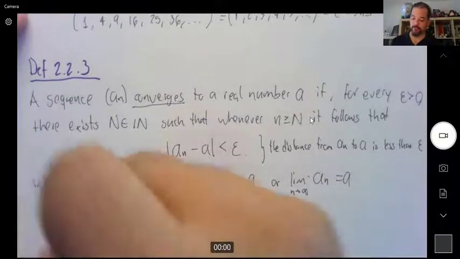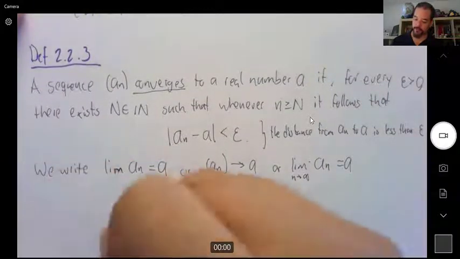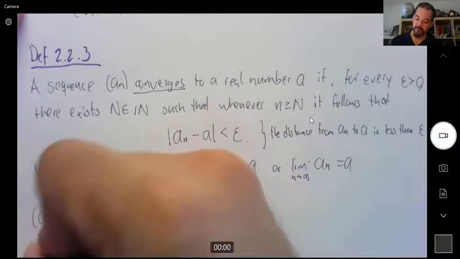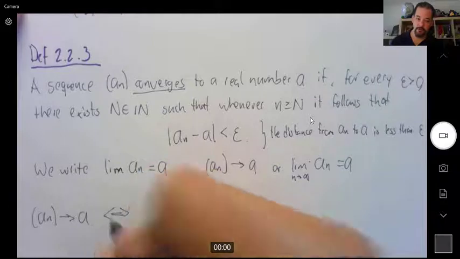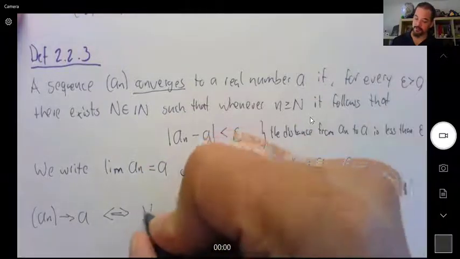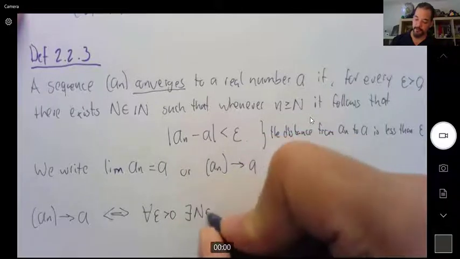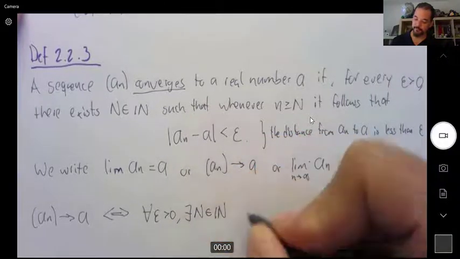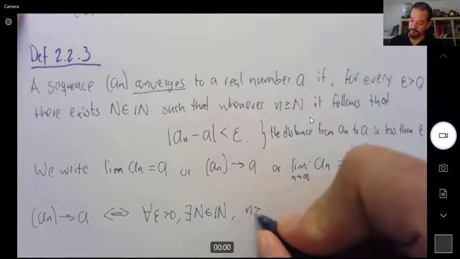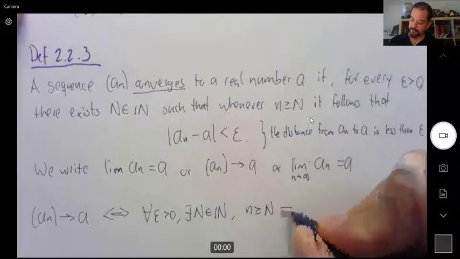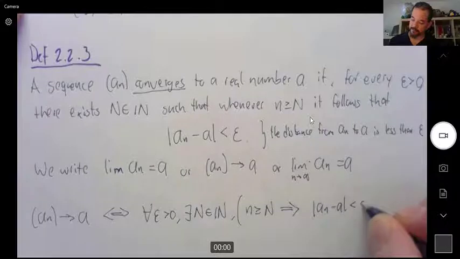So here is a rephrasing in a purely symbolic way. a_n converges to A is, for every epsilon greater than 0, there exists some capital N in the natural numbers such that if little n is bigger than capital N, then the absolute value of a_n minus A is less than epsilon.